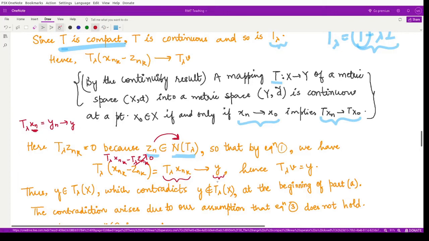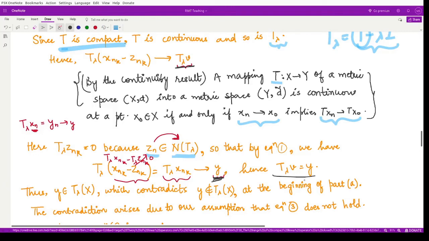Hence T lambda of xnk minus znk converges to T lambda v, as we saw above, and also converges to y. So both of them are equal: T lambda of v is equal to y.